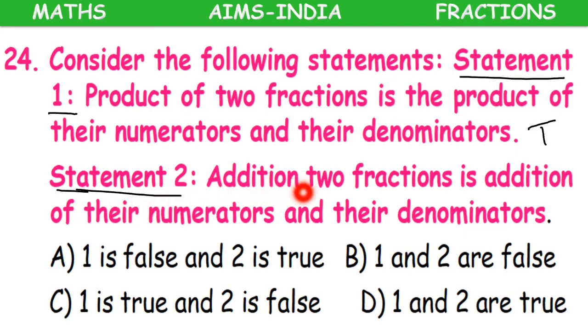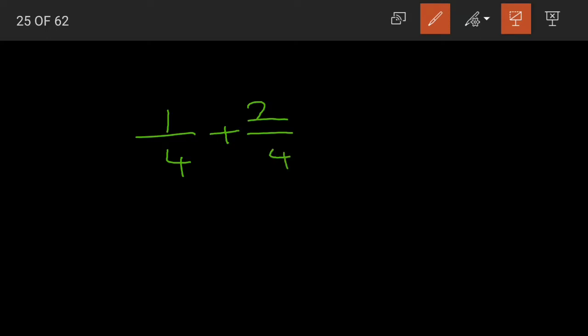Next, statement 2. Addition of two fractions is addition of their numerators and their denominators. If you remember addition of like fractions, children, what did we do? Say 1 by 4 plus 2 by 4. 1 plus 2 is equal to 3 divided by 4. We just did the sum of the numerators. We did not add our denominators.